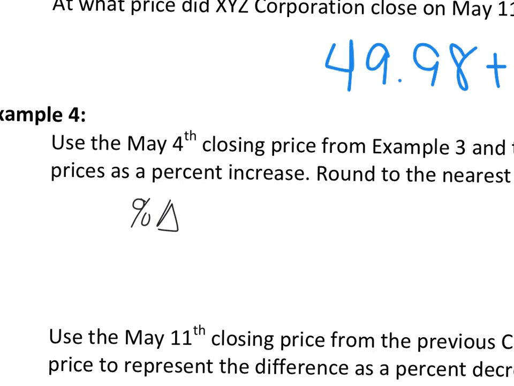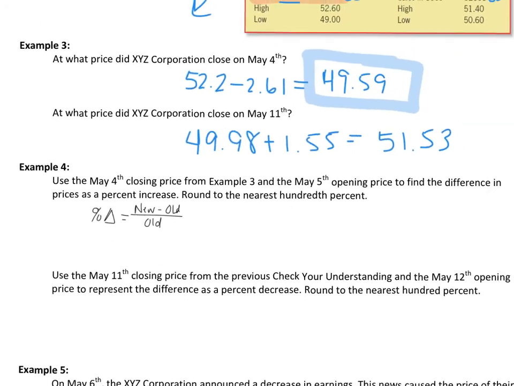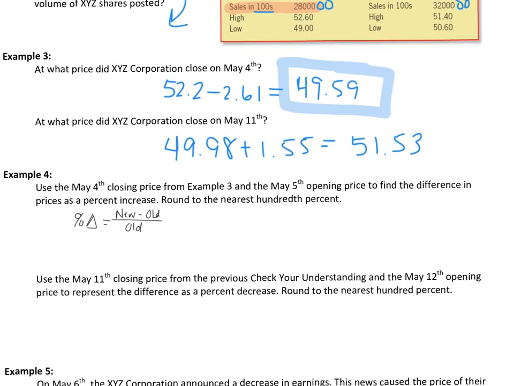Percent change equals, and I'll do this, new minus old divided by old. And what do I mean by that? That means it's the new number minus the old number divided by the old number. So the new number would be the most recent number we have, and since we're looking at the closing price from the day before and the opening price from May 5th, the opening price from May 5th is actually the new price.